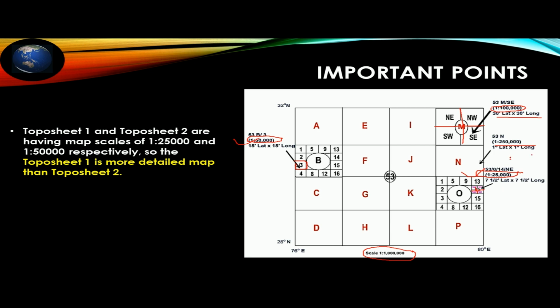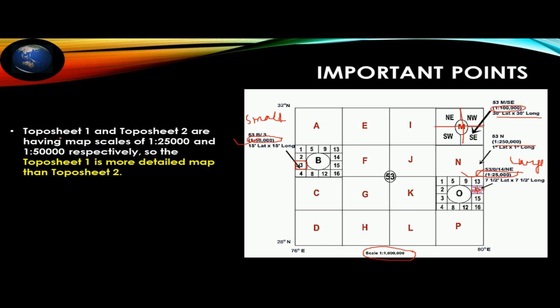So this is called large scale in comparison to the other, smaller scales. This is called small scale if we are comparing with 1 is to 50,000. Okay, so you got my point.